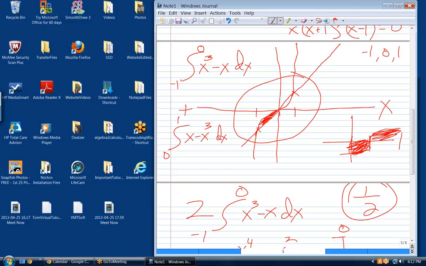Well, when you're finding the area between two curves, you don't need to worry about any of that. It doesn't matter whether it's above or below the x-axis. You want the above function minus the below function. I didn't care that that was below the x-axis. I know the above function is x cubed, the below function is x.